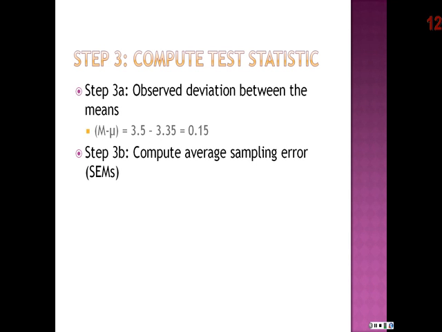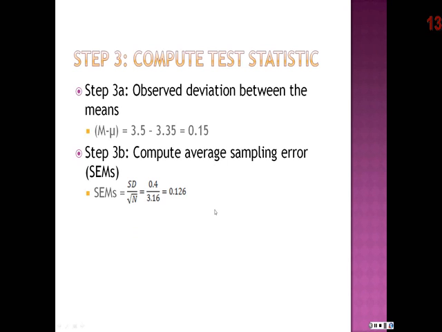Next, we need to compute our average sampling error. So this should look fairly familiar because this is basically what we did for the z-score for a sample mean. And after calculating this, our standard deviation divided by the square root of our sample size, our SEM, our standard error of the mean, is 0.126.